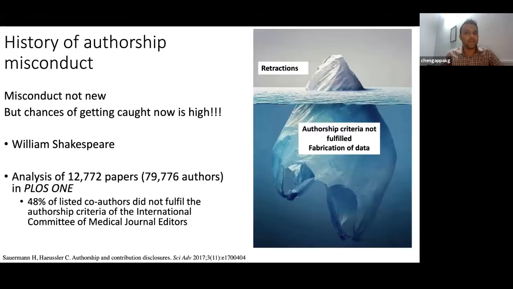So to summarize, retractions are just the tip of the iceberg, and authorship criteria not being fulfilled or fabrication of data is actually still going on, and we have to be extra careful as authors to avoid this.